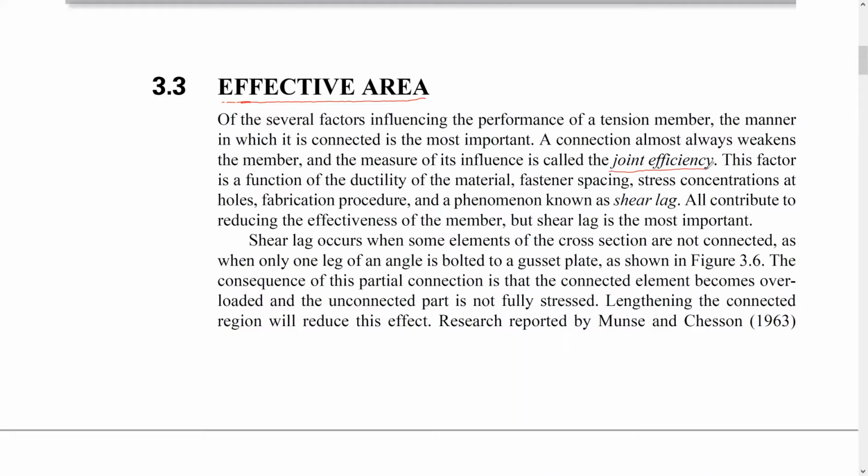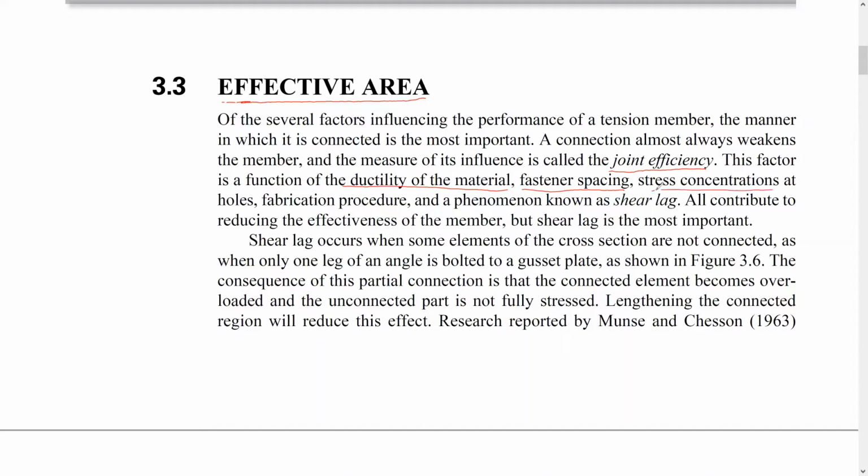many factors. One of them is material ductility, and you know what material ductility means. Ductility means the material will undergo large plastic deformation before fracture, يعني راح تتحمل deformation بمستوى كبير قبل ما يصير لها breaking or fracture. Fastener spacing, which is bolt spacing, is how much spacing we have between the bolts.